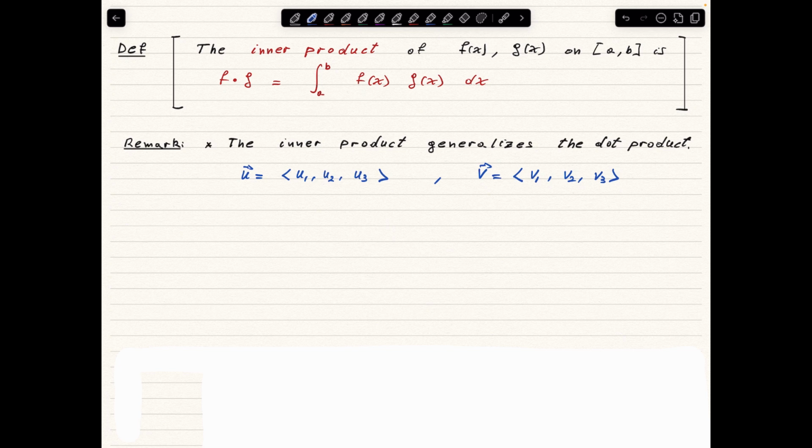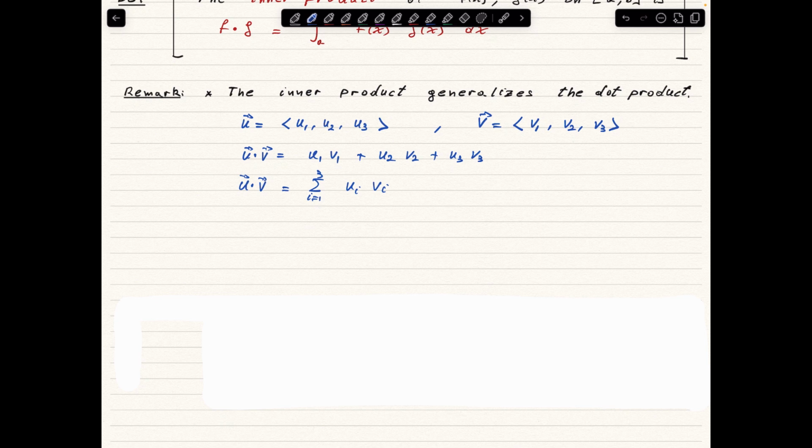So what is the dot product? Well, the dot product of vector u with vector v is u1 v1 plus u2 v2 plus u3 v3. A nicer way to write that is, as we did before, the sum from i equal 1 to 3 of the components ui vi.